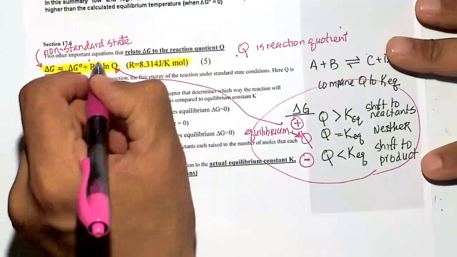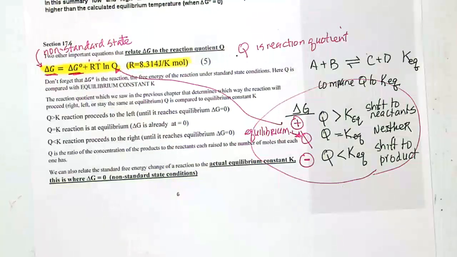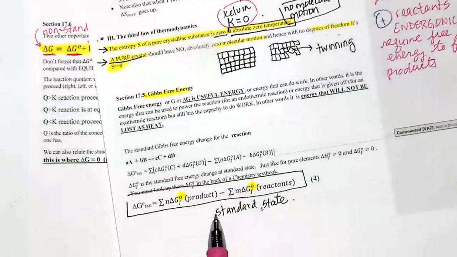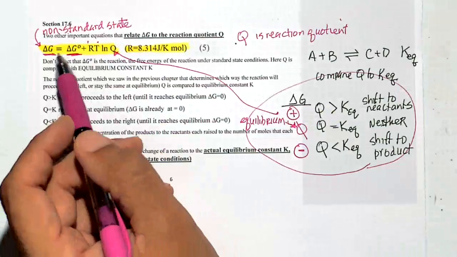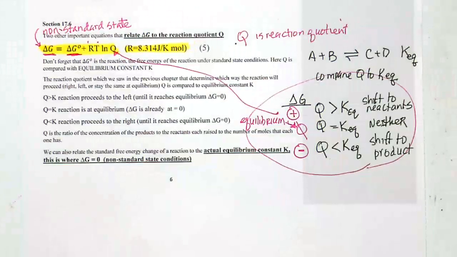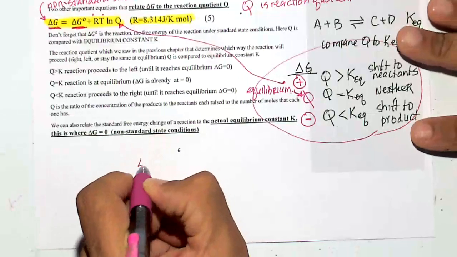R we know, that's given, and T is the temperature. How will we get to delta G? We use this equation using the free energy of formation from the textbook. So this is the equation, and I'll give you that on the exam. Let's say we are at equilibrium.